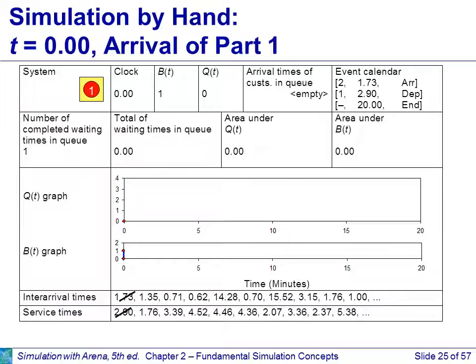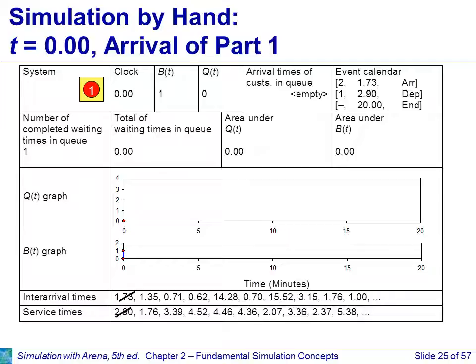We took care of this event, so we got rid of the inter-arrival time and the service time. It's taken into account, and we put it in the calendar. So the next event that we're gonna have is the arrival of part 2, and part 2 arrives at 1.73, but the departure for part 1 is at 2.9.